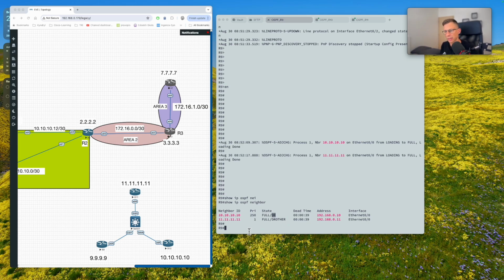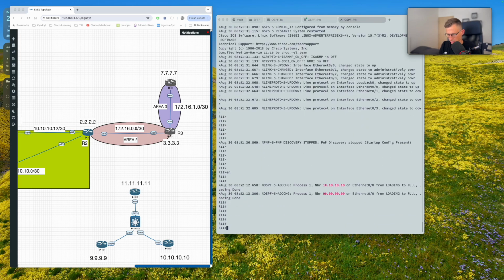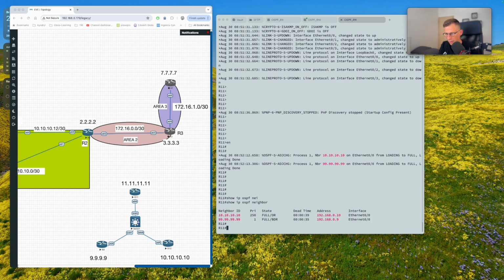I was expecting router 9 to become the BDR, but it makes sense because we left the loopback 99.99.99.99 on router 9.